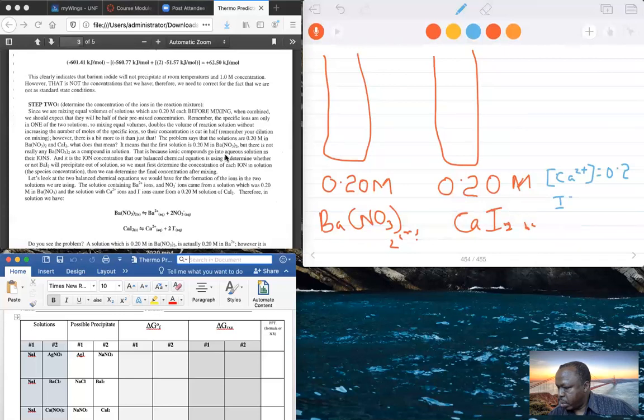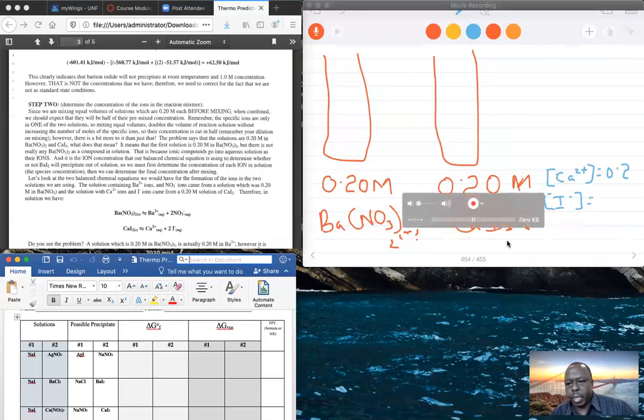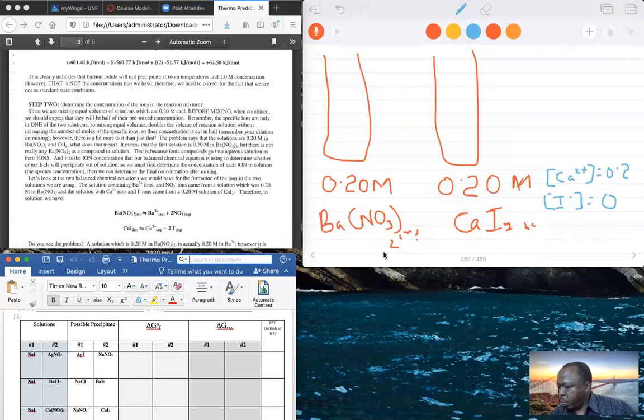Iodide is twice, because there's a subscript right there, so 0.4, because I'm multiplying it by 2, and remember this is concentration, molarity. For this one, the concentration of barium, Ba+2, is 0.2 molar, and then nitrate is 0.4. That is before you mix.